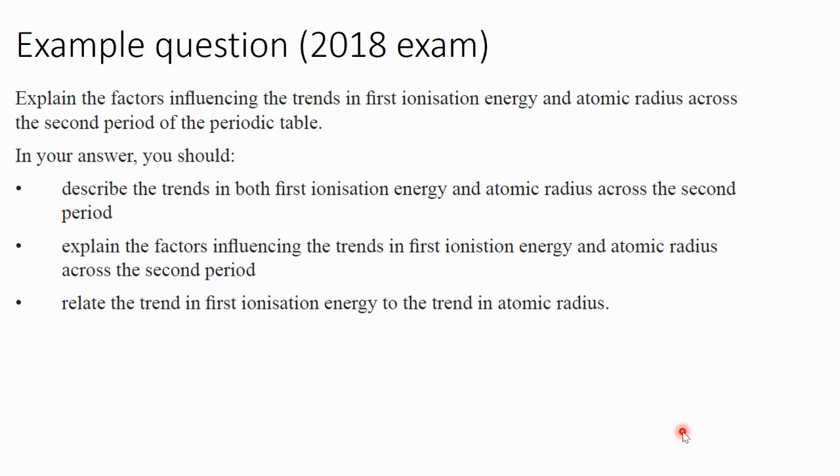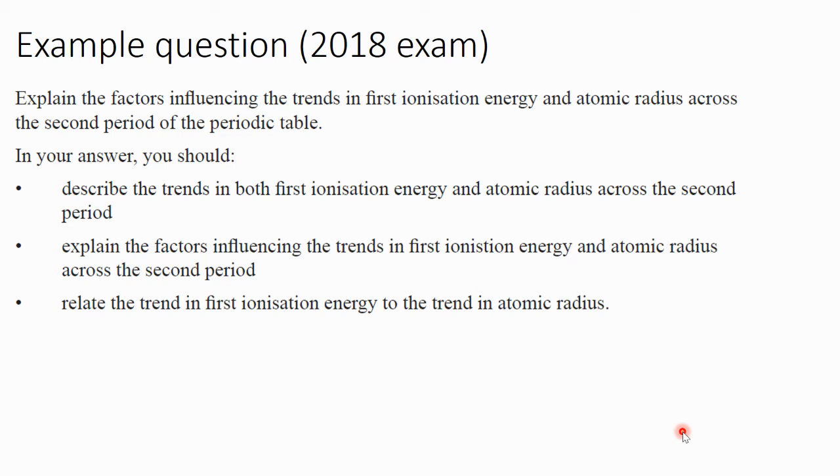Okay, this is an example exam question from 2018. This question brings together atomic radius and ionization energy. The question asks to explain the factors influencing the trends in first ionization energy and atomic radius across the second period, which is the second row of the periodic table.